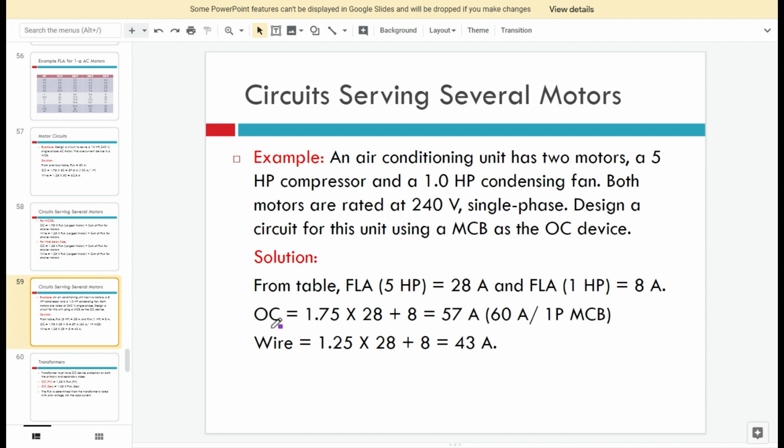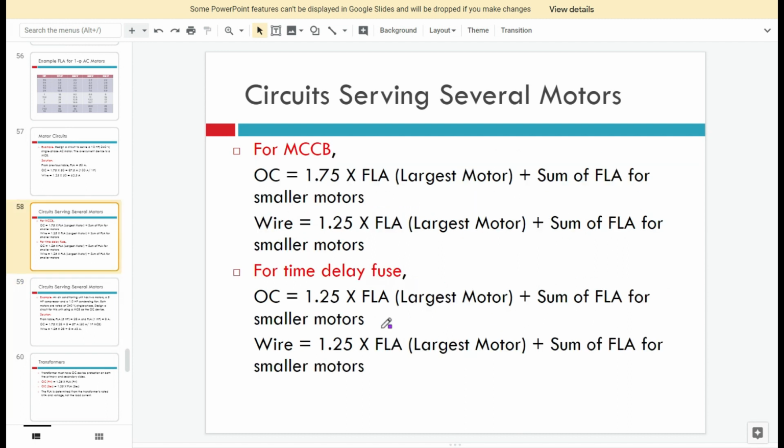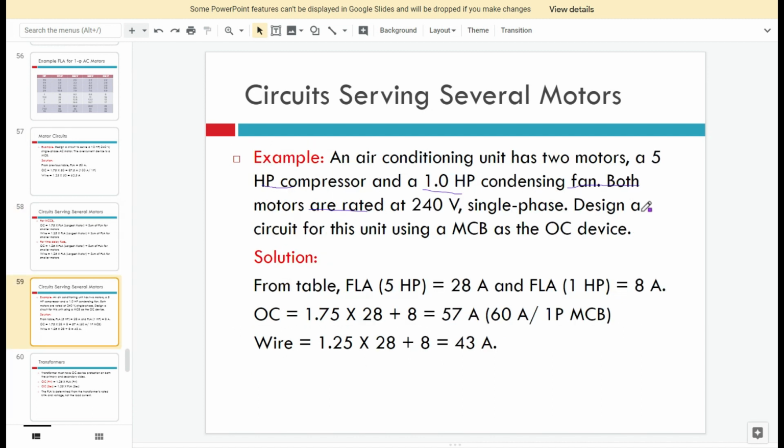To determine the current rating for the MCB, we use the previous equation: 1.75 times the FLA of the largest motor plus the sum of FLA for the smaller motors. For the largest motor, it is 28, and the smaller motor is 8.